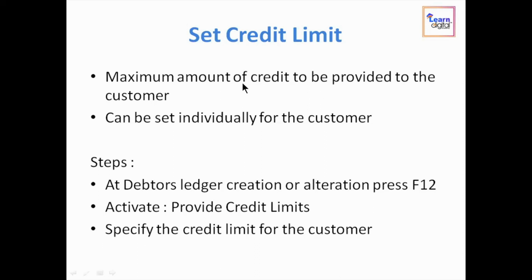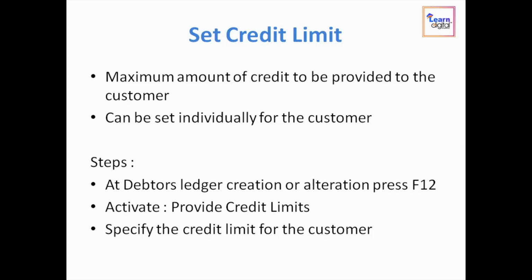Credit limit means setting a limit for the customer. The maximum amount of credit to be provided to a customer is known as the credit limit for that particular customer. It can be set individually for each customer. So for each and every customer, we can decide whether we need to sell products above the credit limit or not.